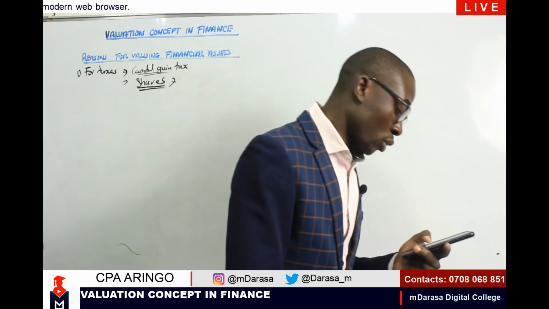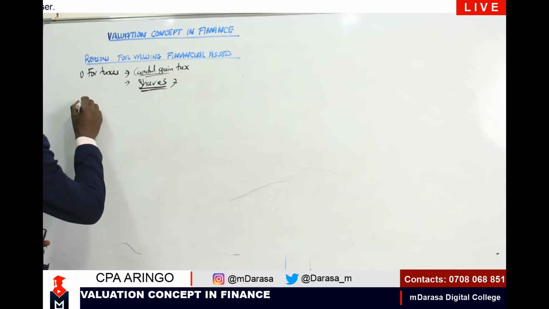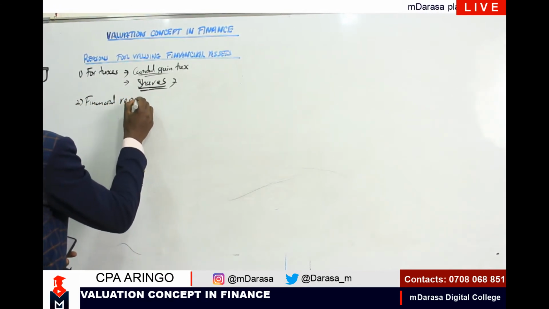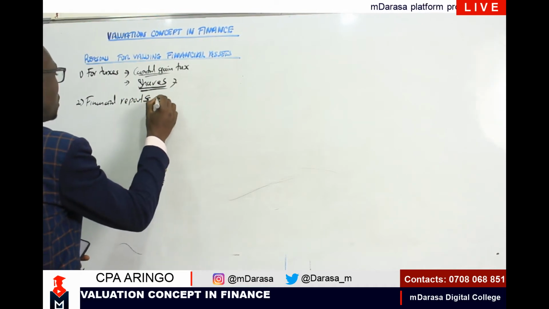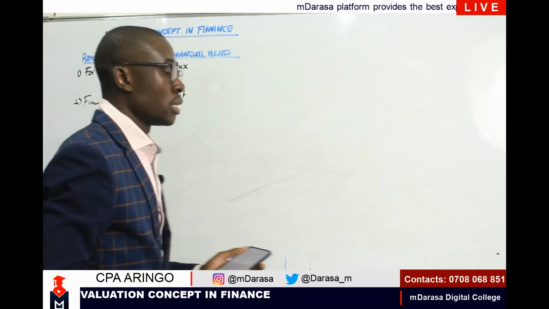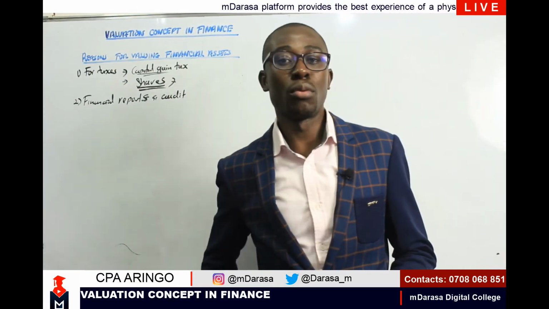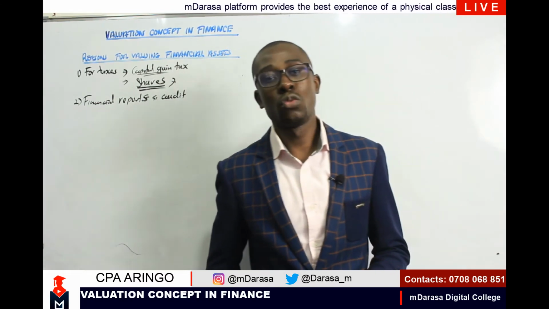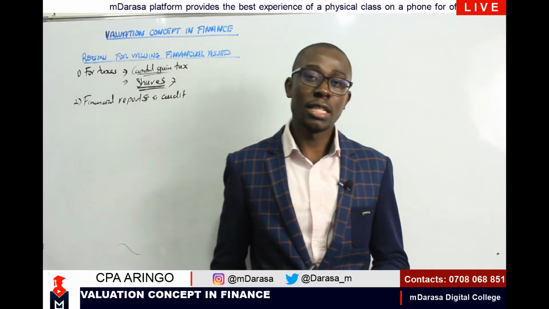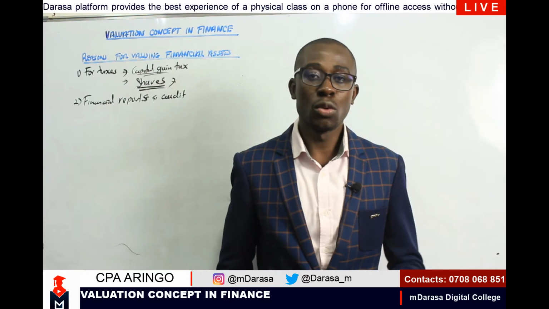Number two, we're talking about financial reports and audits. You'll find, my good students, that this is also one of the key and main reasons why we normally tend to value our financial assets, because at the end of the day, remember all these items are going to be included in our statement of financial position as equity, right?